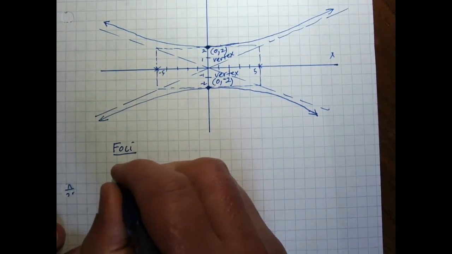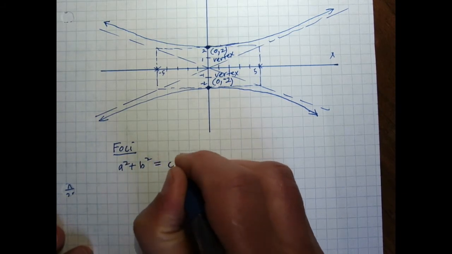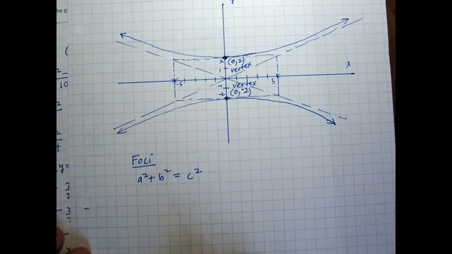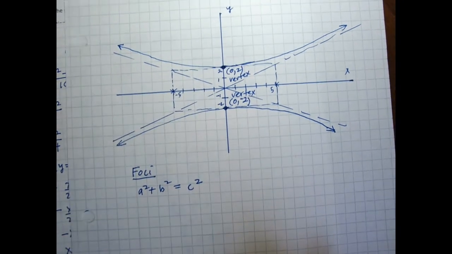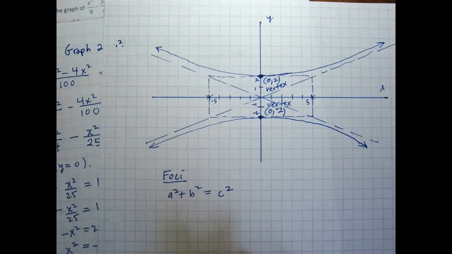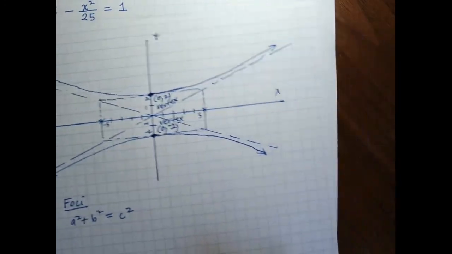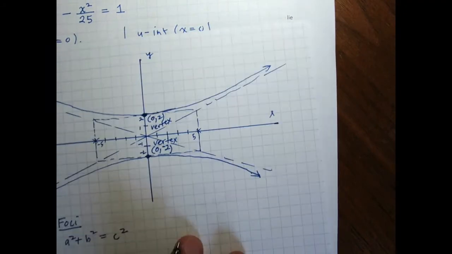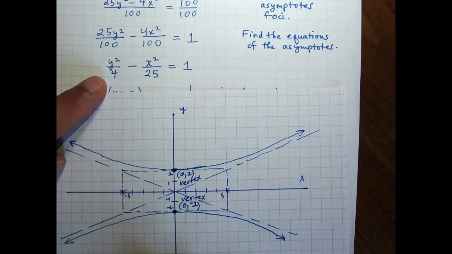To find the foci, we use our a squared plus b squared equals c squared equation. Because we're adding a squared and b squared, it doesn't matter which one goes first. I'm trying to get our standard form of the equation back up here.